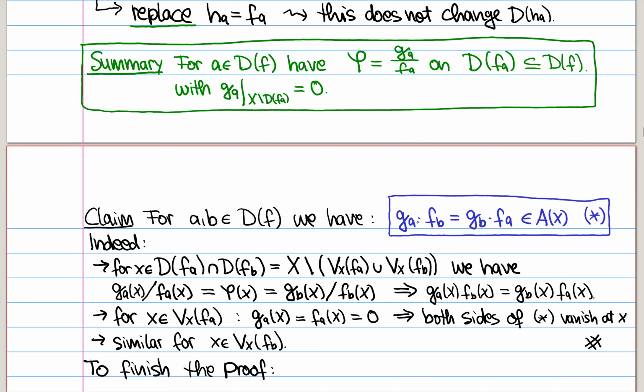And GA is on the left-hand side, so this vanishes. So the equality is satisfied because it just says 0 equals 0. And then by the symmetric argument, so this was in V of FA, the symmetric argument also gives exactly the same thing for V of FB. Okay, so we have checked it on all three elements of this cover of X, and so this thing is true. And this relates the representation of phi on different parts of this open cover.